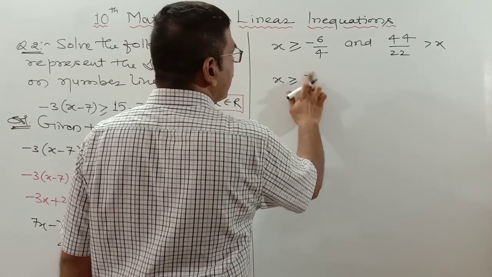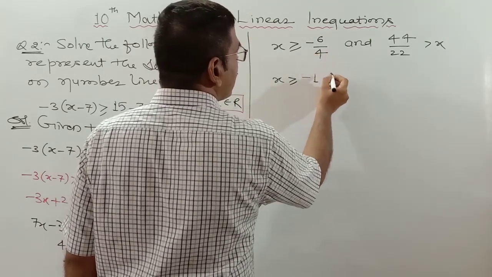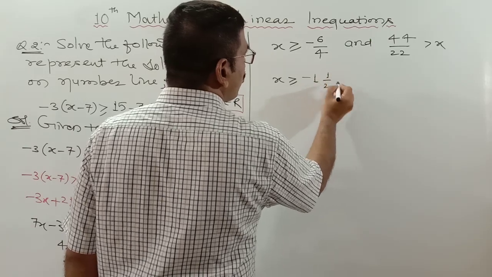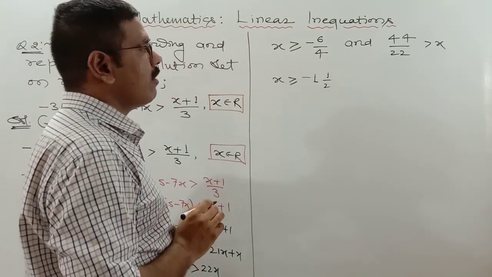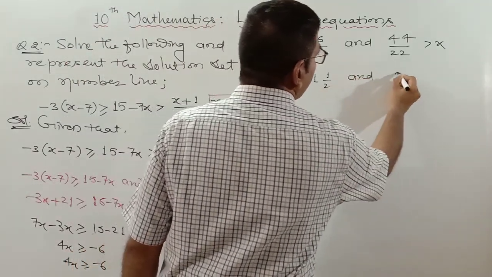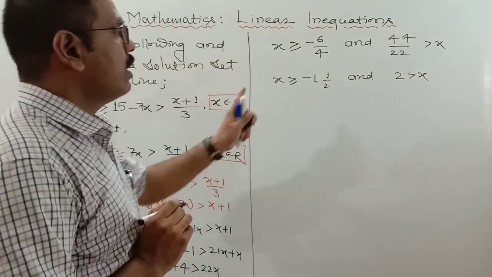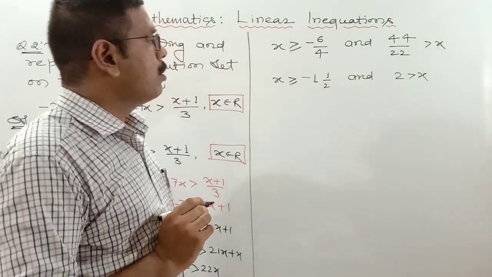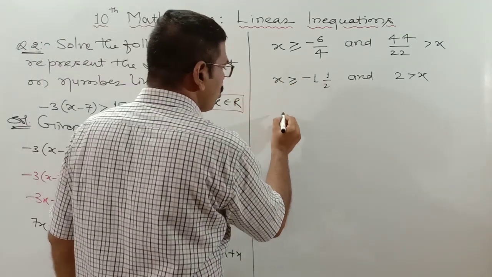Or you can directly write it in mixed fraction as minus 1 and 1 by 2. Is it clear? So it will be minus 1.5, that is minus 3 by 2, and 2 is greater than x, meaning x is less than 2 and x is greater than or equal to minus 1 and 1 by 2.